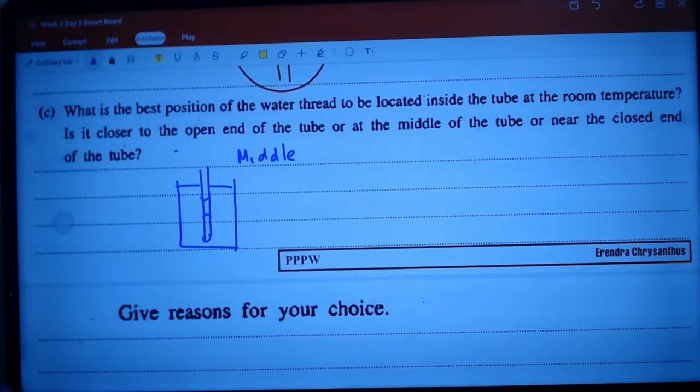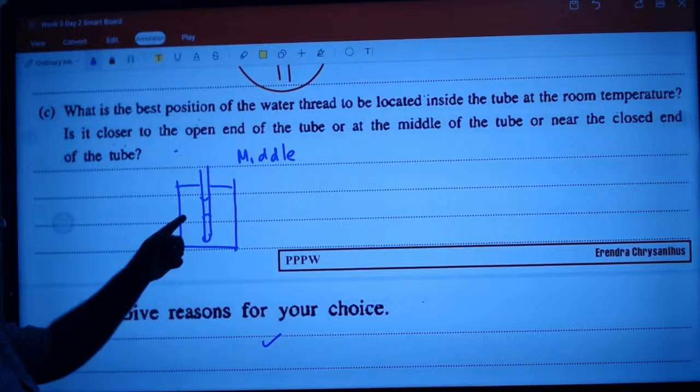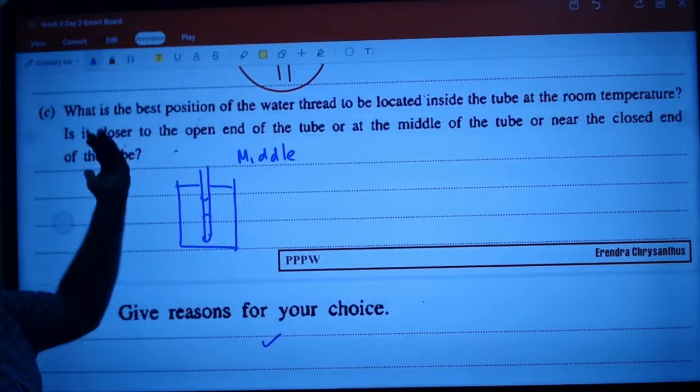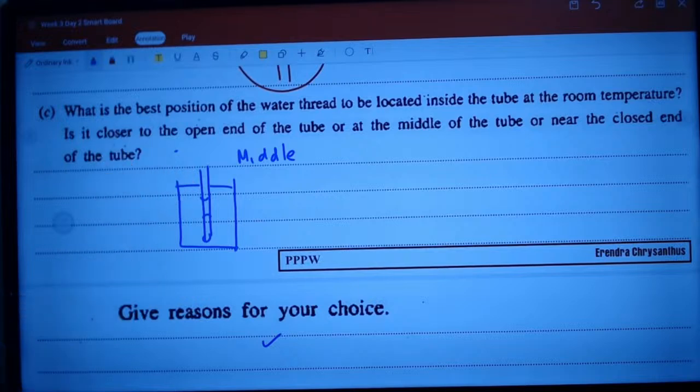I am writing the reason here. The water thread will travel along the tube, and if it's near the open end, it will jump out.